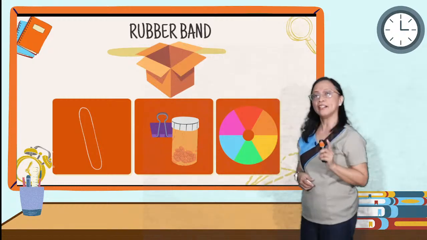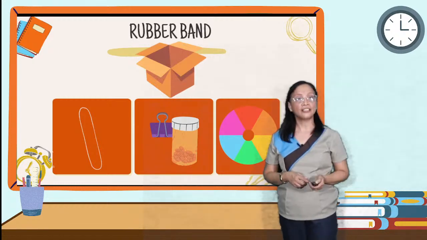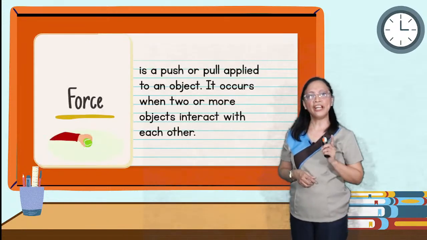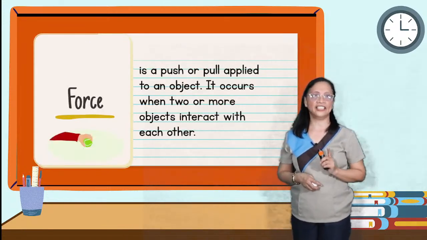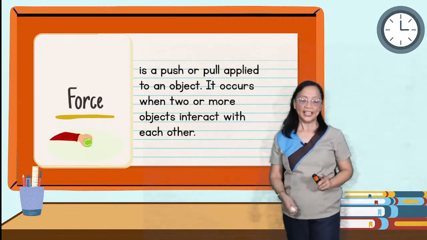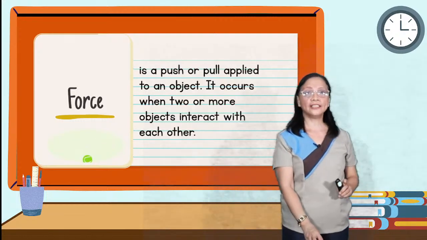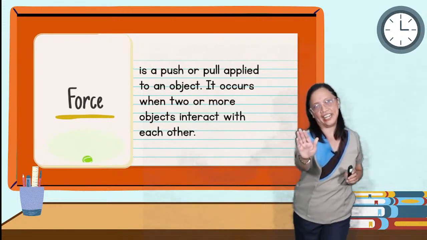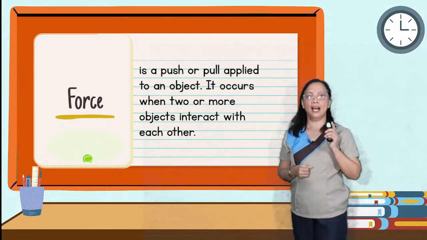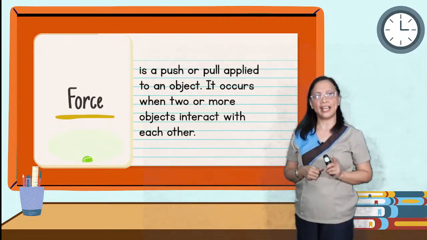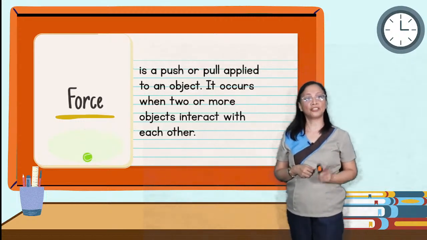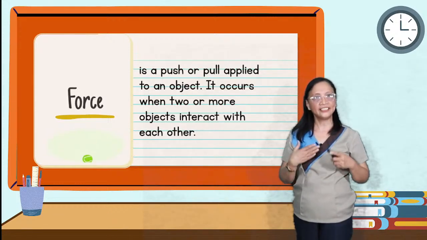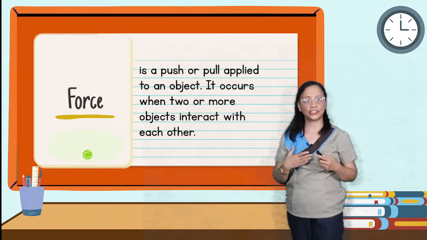Now, these are the keywords for our lesson for this afternoon. We are actually talking about force. And what is force? It is a push and pull applied to an object. It occurs when two or more objects interact with each other.